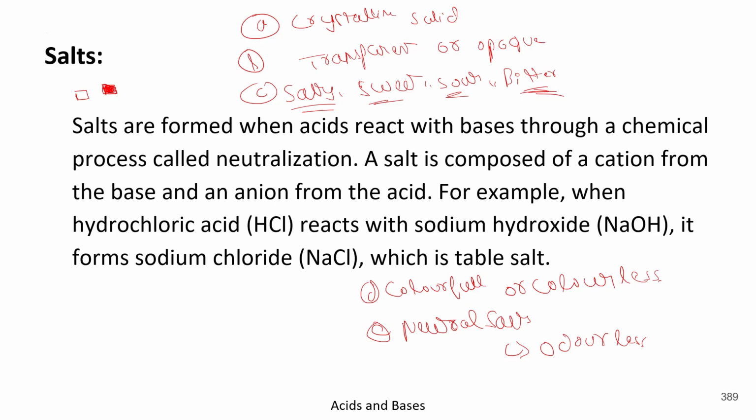If you just take an example, this one is red color. But if you look at this one, it has no color. Got it? So this is an example of the fourth option.